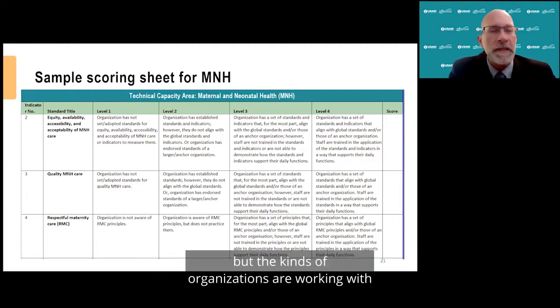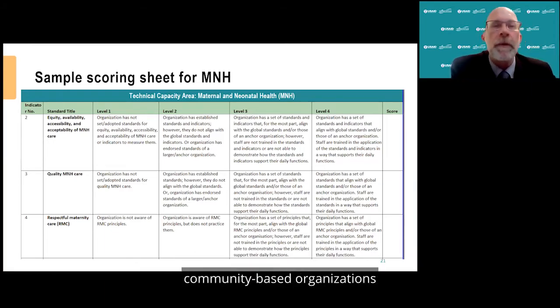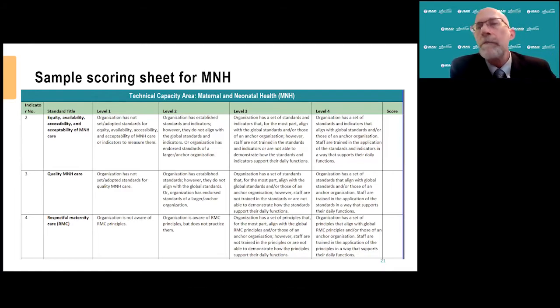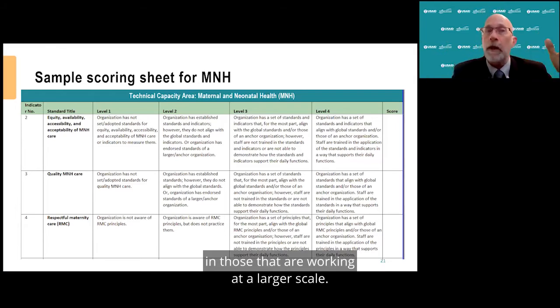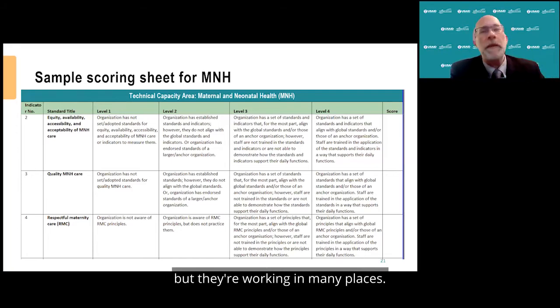But the kinds of organizations they're working with don't tend to be small. There are some small faith-based, community-based organizations working in specific areas, but we're much more interested in those working at larger scale. They might have very many roots in the community, but they're working in many places.